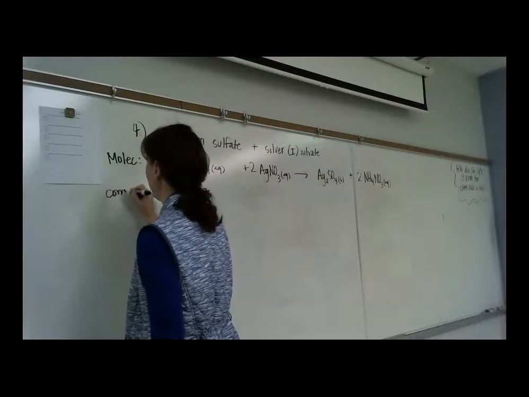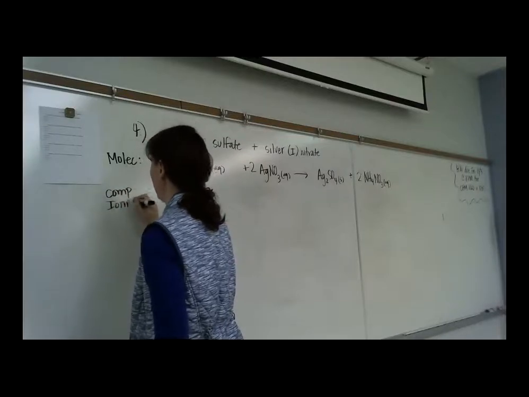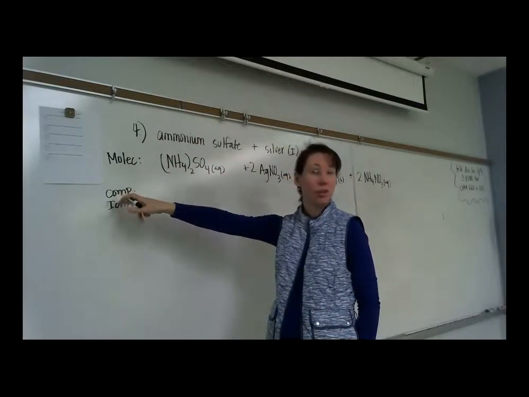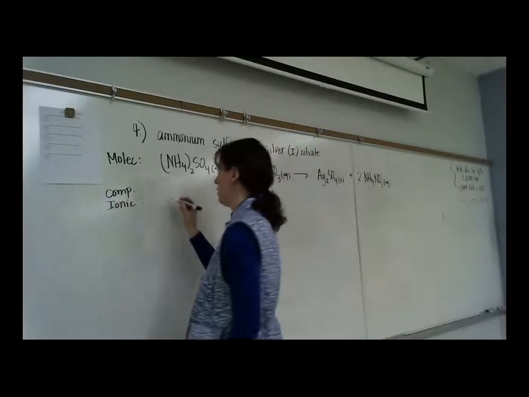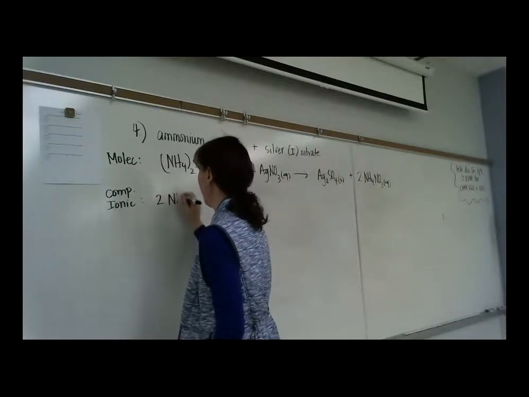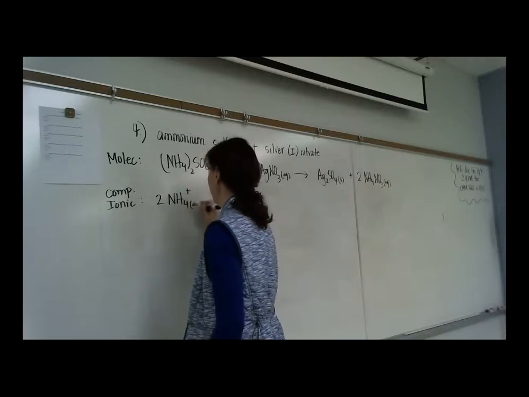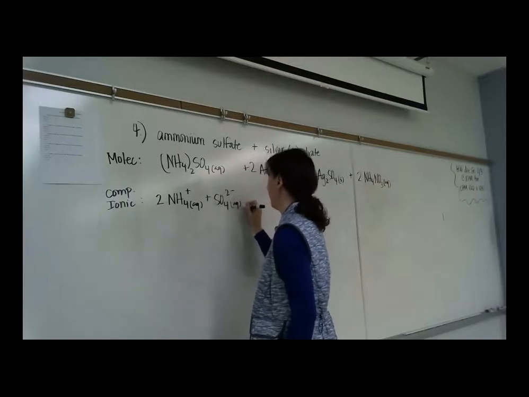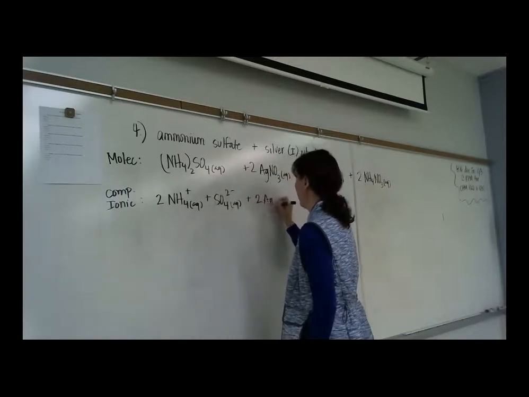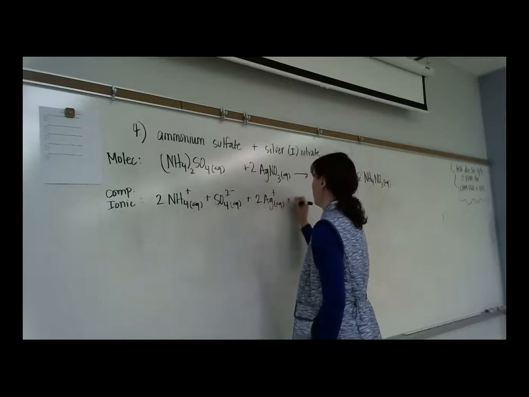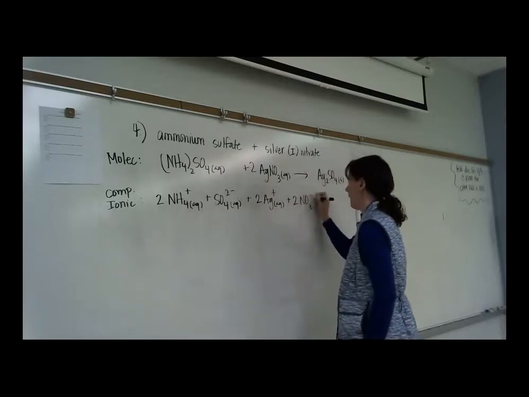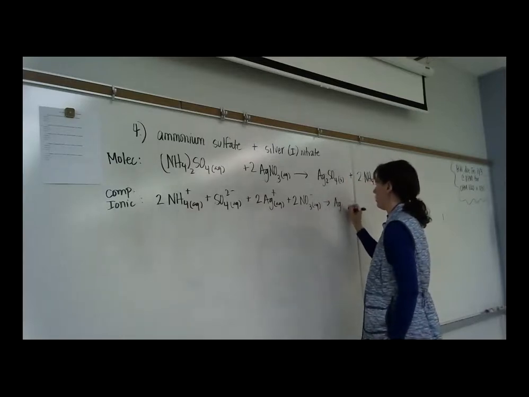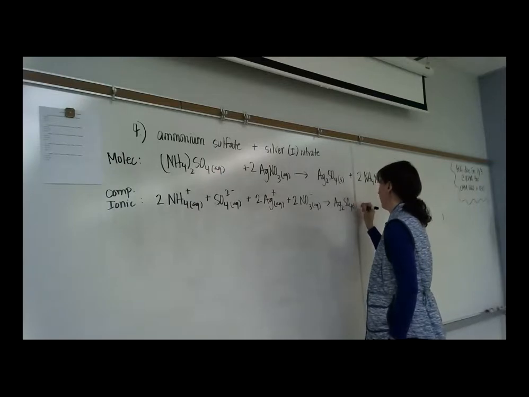So now let's do the complete ionic. Some books call it total ionic, by the way. If you ever see a book or you're reading something that calls it a total ionic, that's the same thing. So don't let that throw you off. So 2 NH4+ aq plus SO4 2- aq plus 2 Ag+ aq plus 2 NO3- aq produces Ag2SO4 solid.